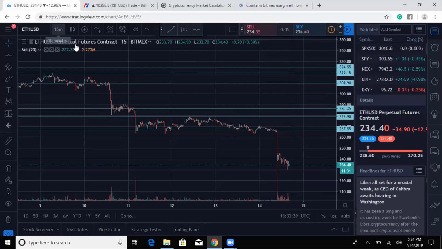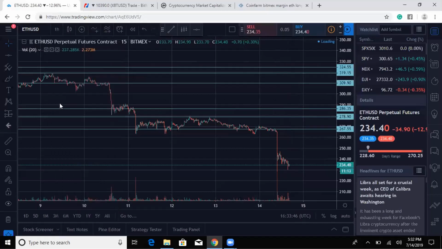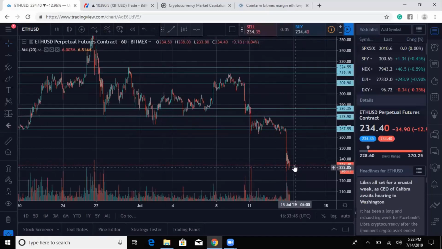You don't use the 15 minutes to base your confirmation of the trend. What this is simply telling you is, in the last 15 minutes, there has been a lot of buying, but when you're looking at the bigger picture in the last 1 hour, there have been a lot of sales.